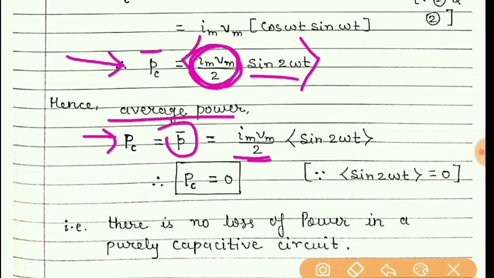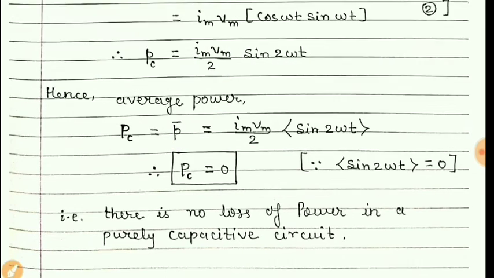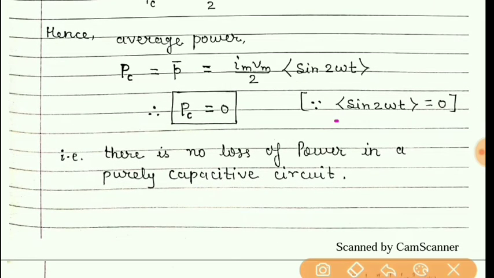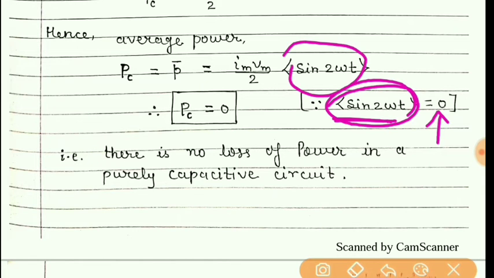What is remaining inside the average? Sin 2 omega t. But we know that sin 2 omega t, or if it is cos 2 omega t, the average of this for one period of time is 0. So this value is 0, and 0 into anything is 0.